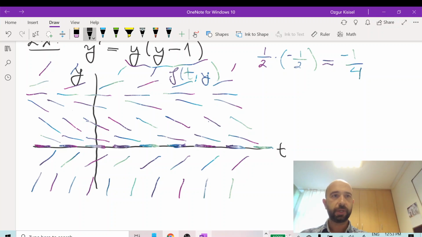Now, let's switch back to black. The solution curves would be curves that are tangent to all of these lines at all of their points. It's like following the flow of a river, right? So if I'm here at some point, those would take me down and eventually be asymptotic to this line maybe.